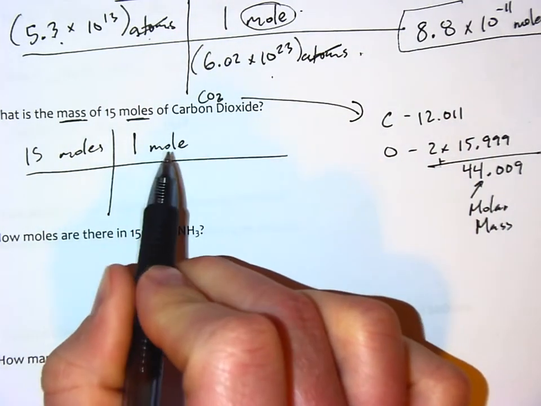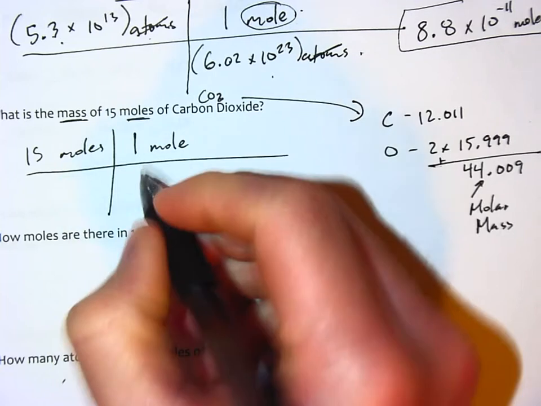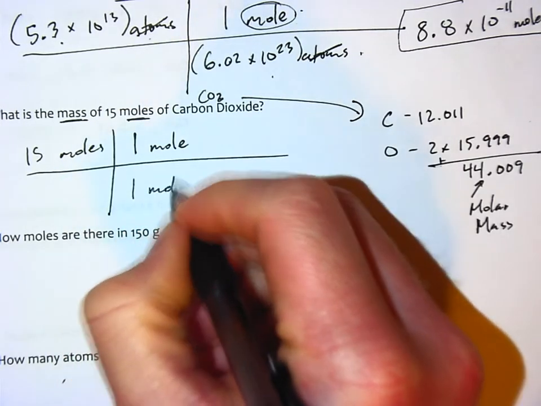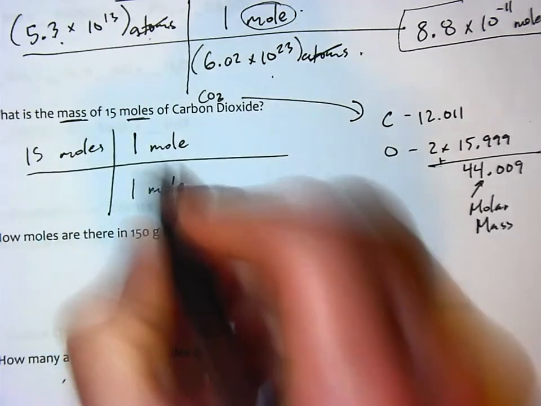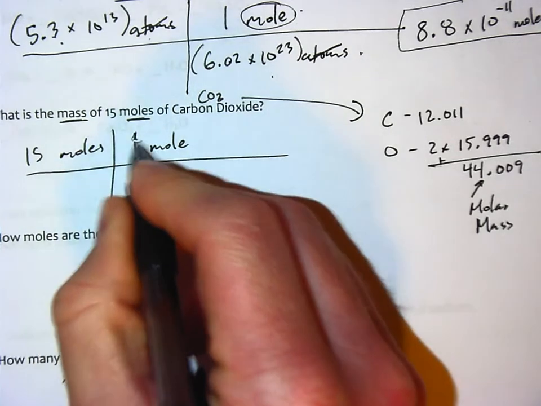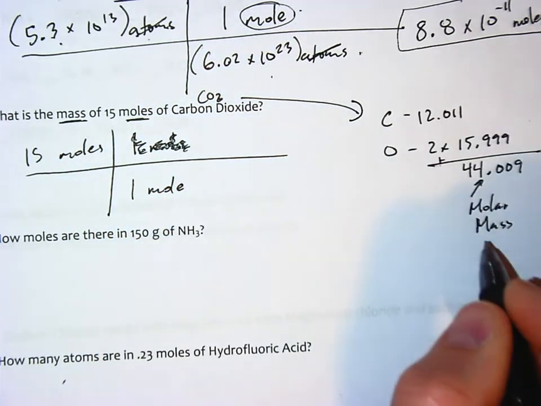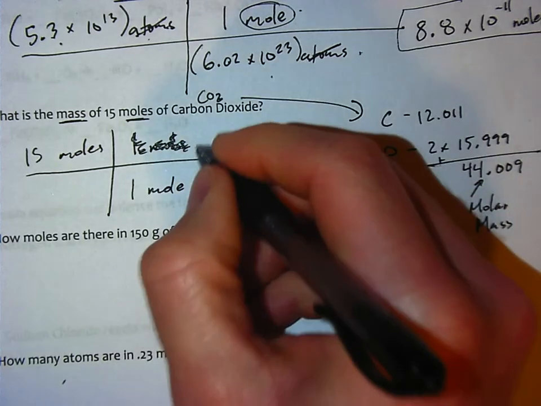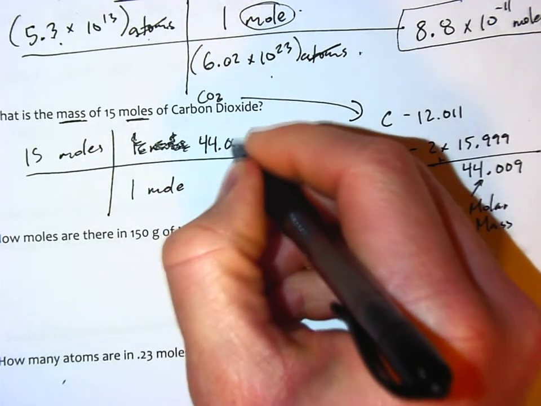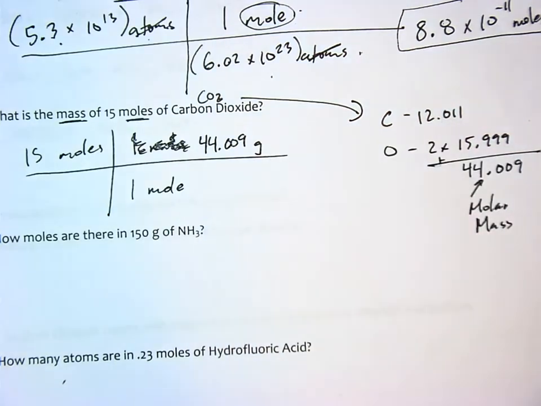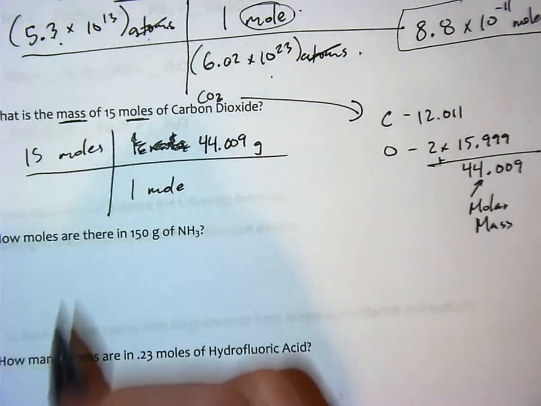I wrote this incorrectly here, so I'm going to change that. Moles is going to go on the bottom because that's what I want to cancel. Up here in this space, I put the molar mass, 44.009 grams, because I want to know mass.